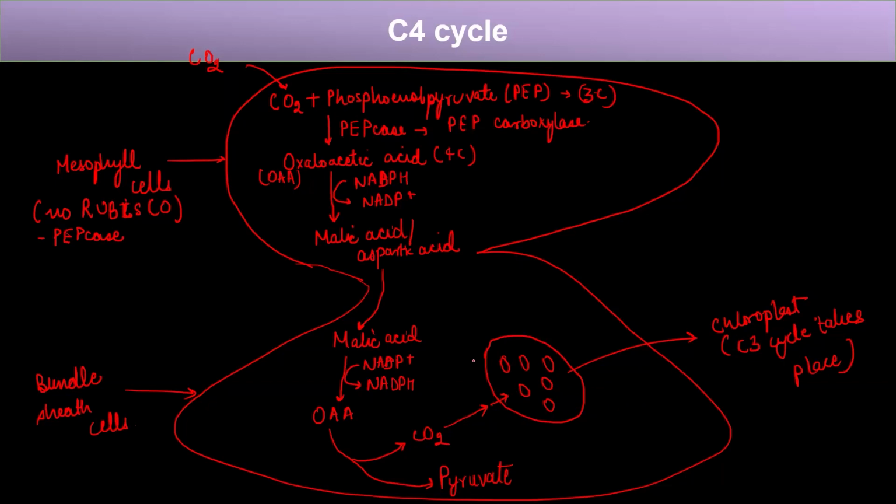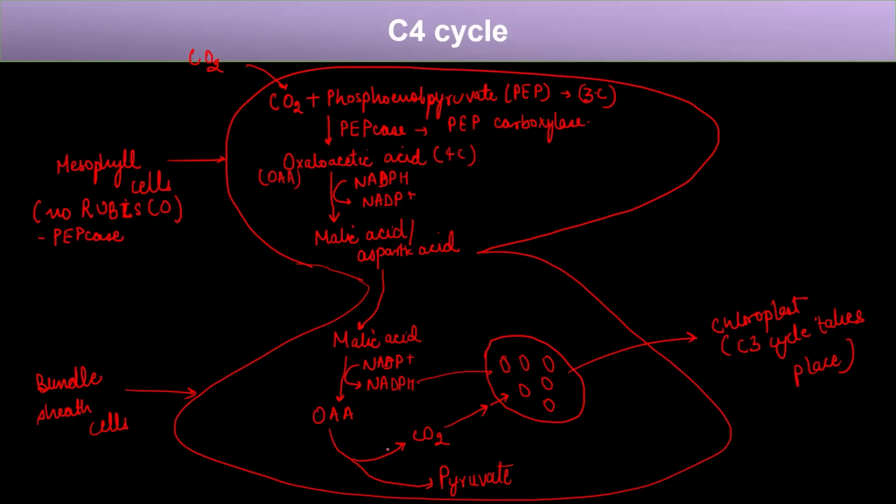And the second thing, if you remember the C3 cycle, it involved the use of both NADPH as well as ATP, right? Now, where does the NADPH come from? This NADPH that is formed also goes to the chloroplast and is used for the C3 cycle reaction.